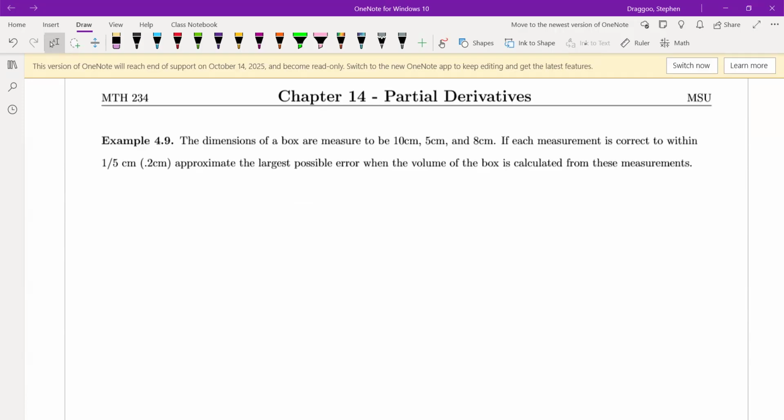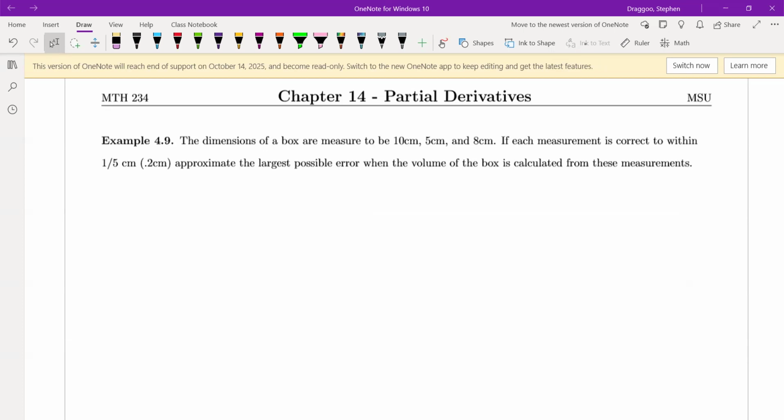Cool. So one of the things that we might use a tangent plane for, or a linearization for, would be to do a fancy thing. I would like to calculate the error in a volume, knowing that I've got the error in the original measurements that I'm going to use to create this box. Right?